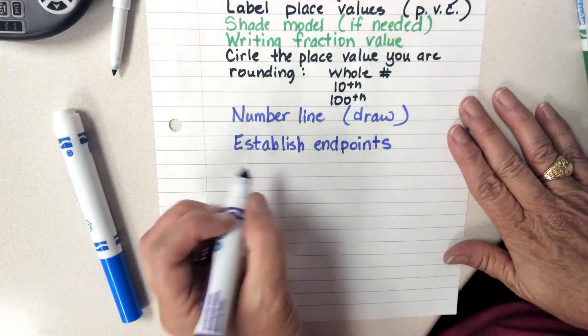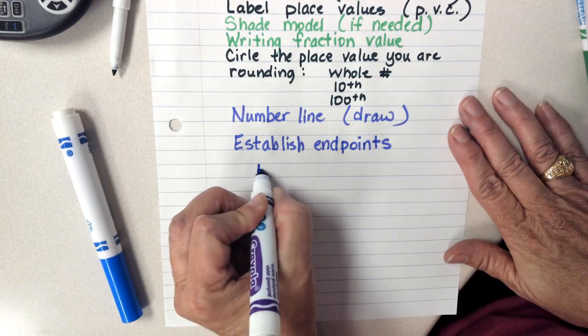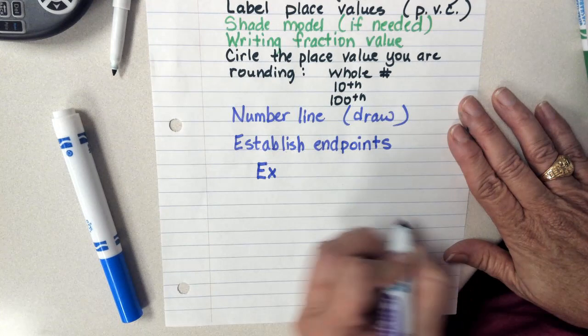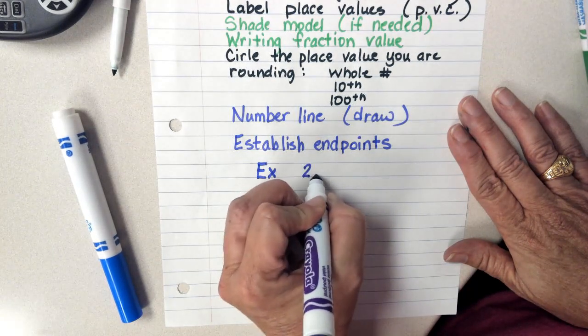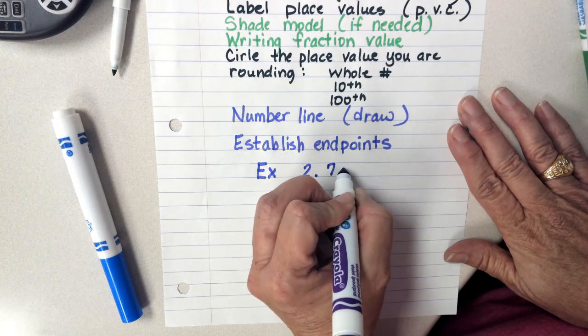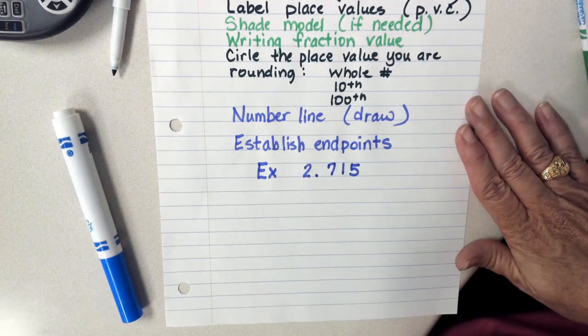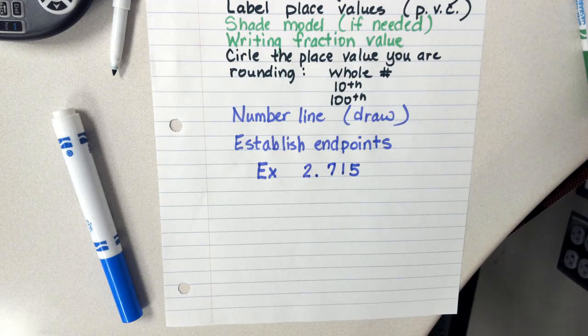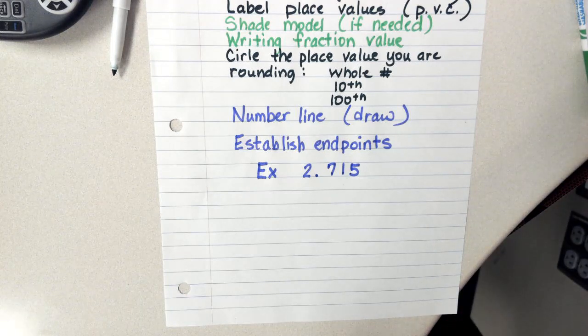So if I were going to give you the number 2 and 715 thousandths, and I wanted to round that number to the nearest tenth.